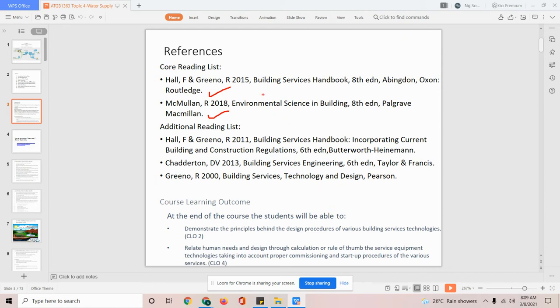I will always mention that when it comes to learning, a lot of stuff will be available online. But when it comes to online material, if they are not peer reviewed or not from a reputable site, they can be changed at any time. So this sort of information is not really very reliable to put as reference.